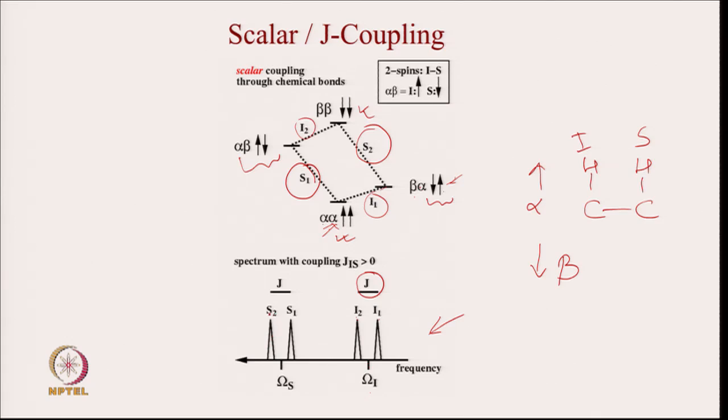Here you see the S also splits into two because of presence of I, and this is your chemical shift of S, and split is in the other two direction, and this gap between these two values is your J value or coupling constant value.